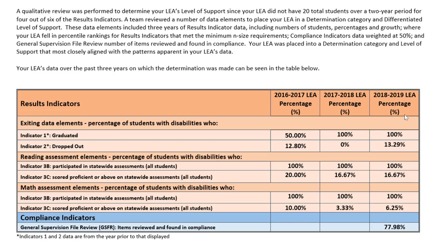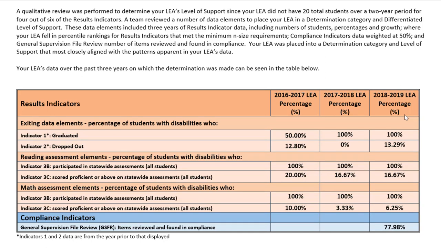And this is what your results indicators table will look like. You'll have a short description at the top of why your LEA did not meet the minimum number of students requirements.